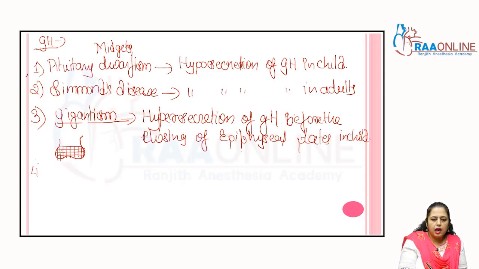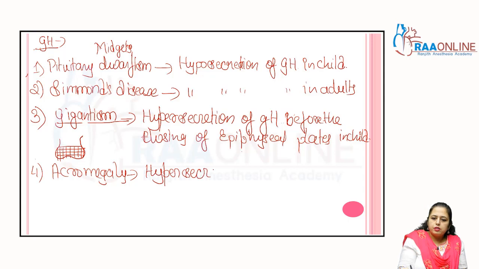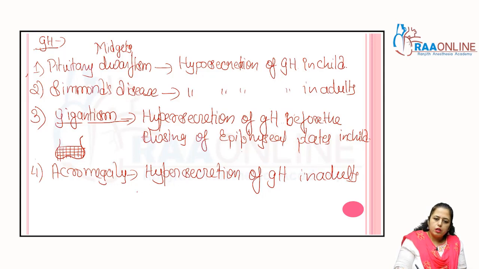And the last one is acromegaly. That is due to the hypersecretion of growth hormone in adults after the closing of the epiphyseal plate.